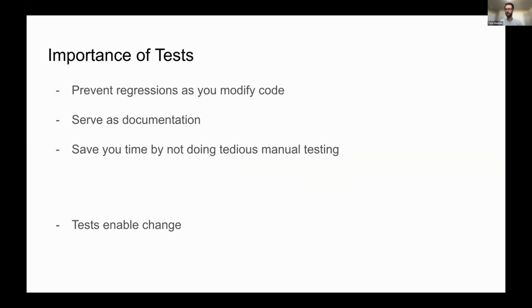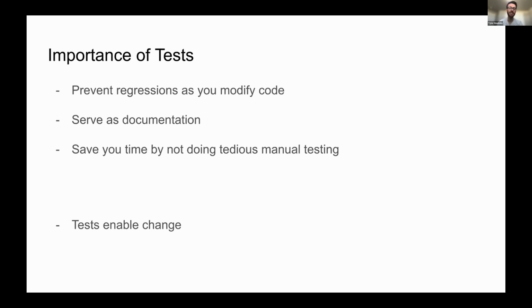Just as a brief setting of the stage, the importance of tests. Why do we write tests at all? There are a few big reasons. The first is that tests prevent regressions as you modify code. Code changes all the time. If you work on a large code base, you're working with many, many different developers, maybe hundreds or thousands.